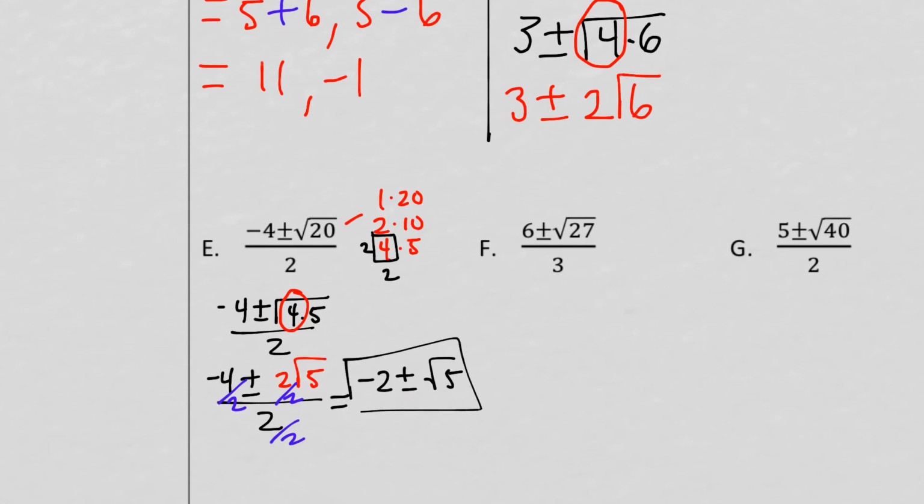So the simplified version of example E is negative 2 plus or minus radical 5. Again, the key here is that we need to simplify the original square root, and then if possible, divide a common factor, but only if all 3 terms have the same thing. If one of them is missing, then you cannot simplify any further. In this case, though, we could divide all of them by 2.